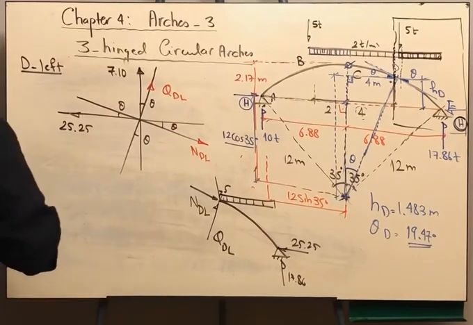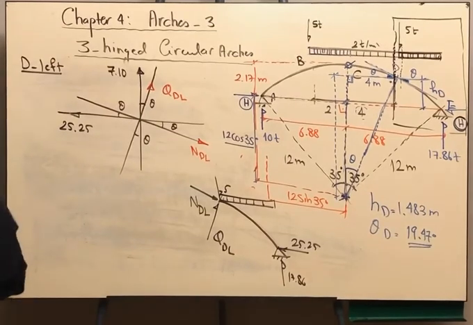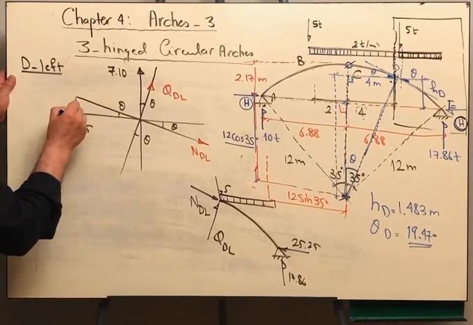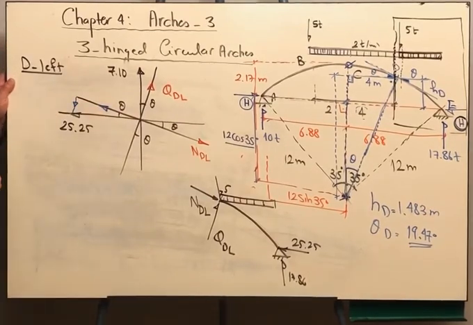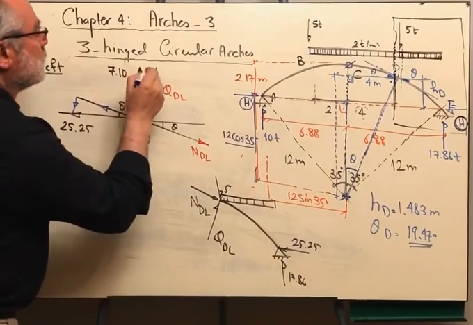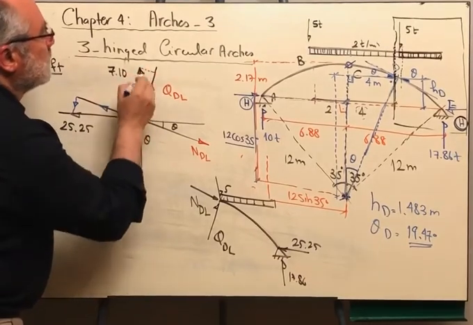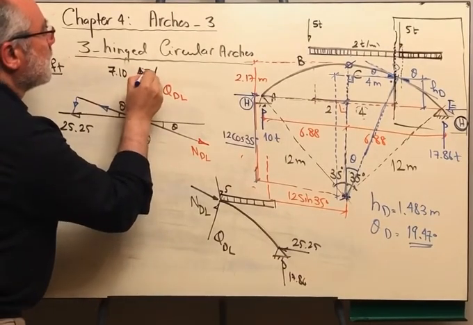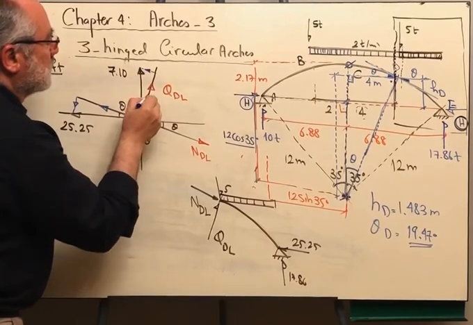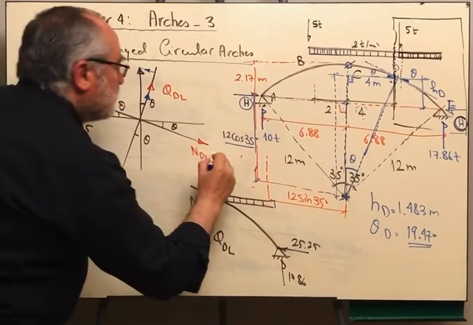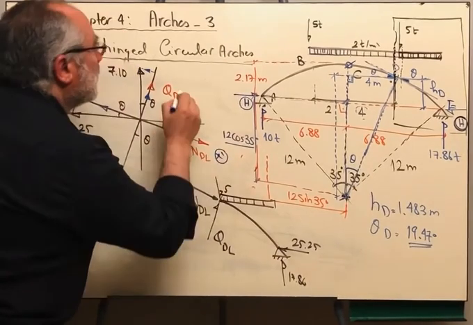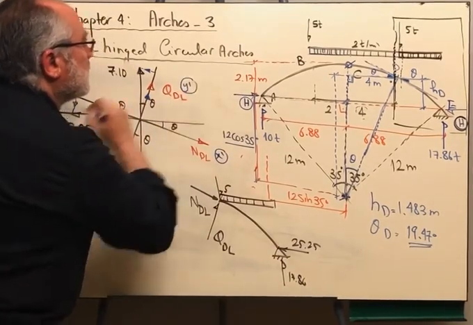The same style, we are going to resolve this force into 2 components like this, and we are going to resolve this force into two components like that. Okay, so this is the x prime direction and this is the y prime direction.